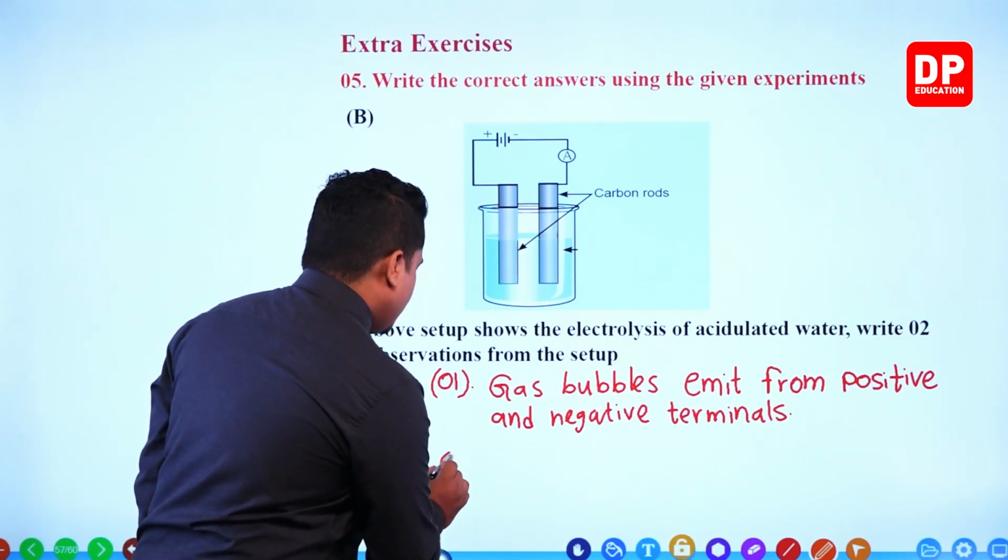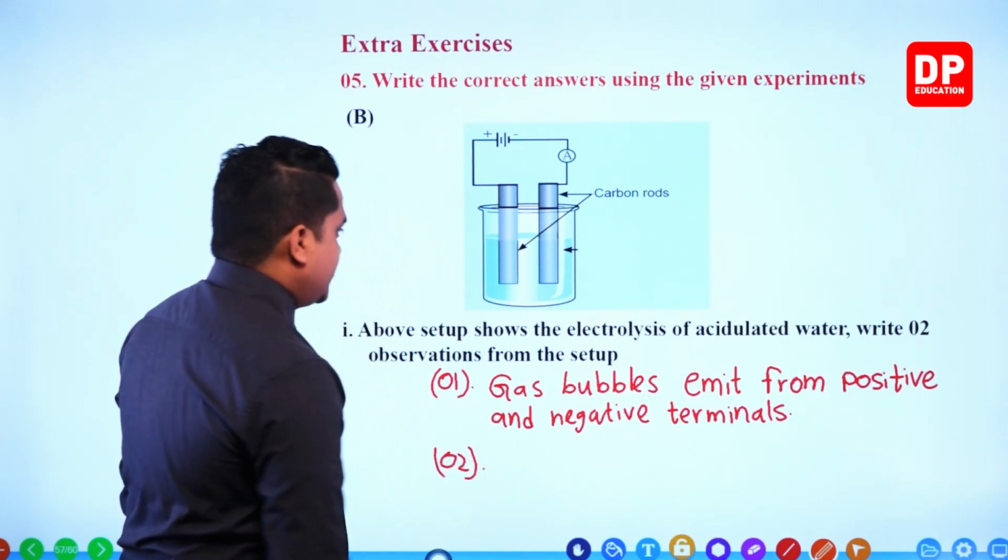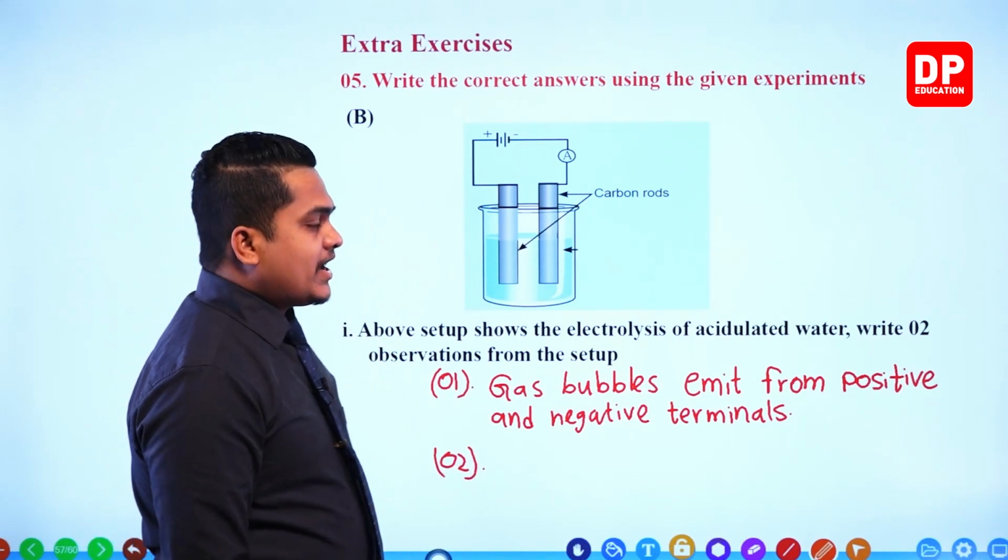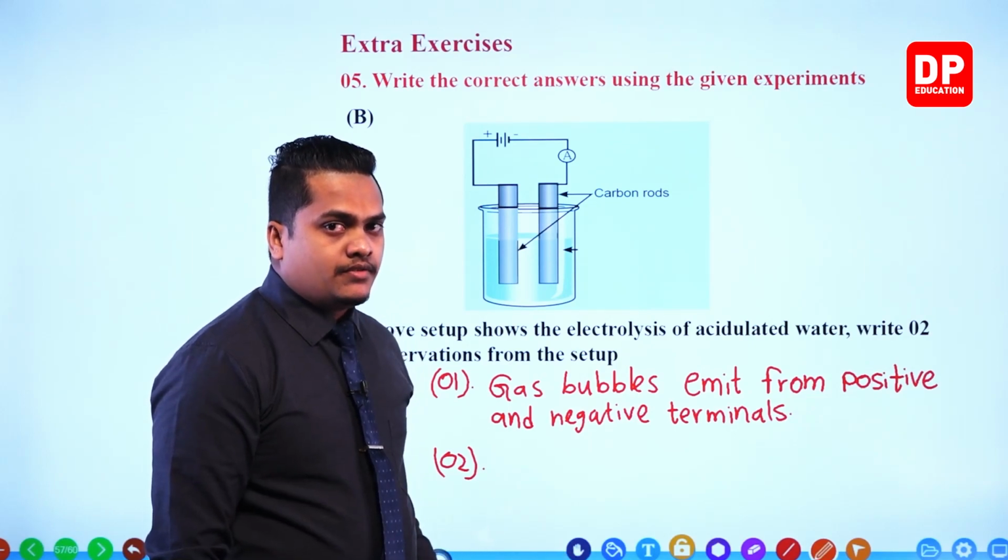Then the second one, my dear children, can you remember? Second observation would be more gas bubbles emit from negative terminal.